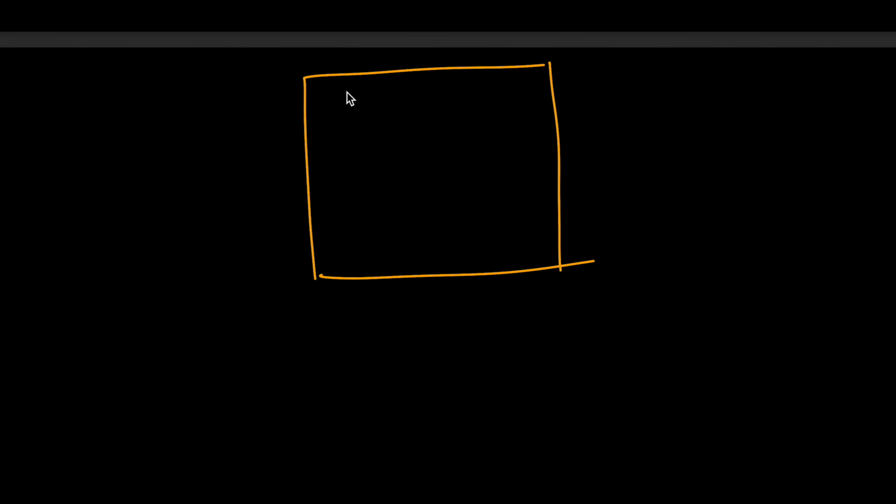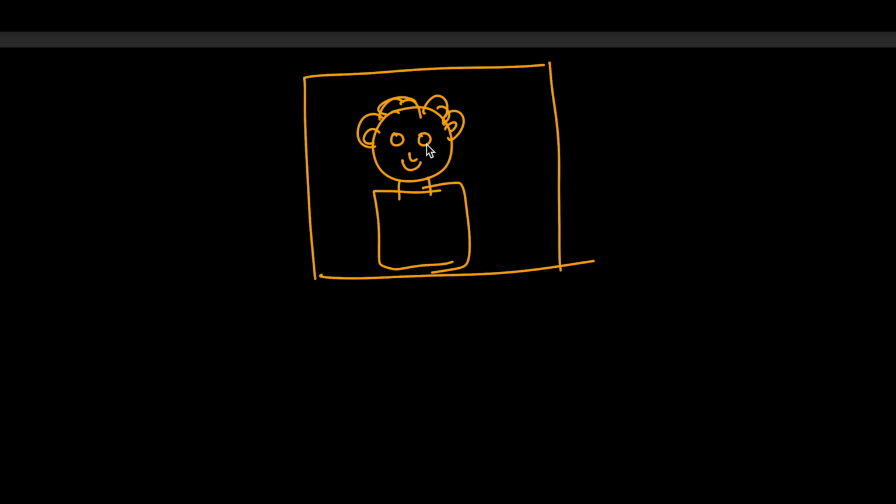Now let's see what an image looks like. Basically, if you think of an image, it is just an array of pixels or a matrix of pixels. Let's say in this image there is a small boy who is looking like this. If this image is representing this boy, that means that in these portions the pixel value is higher, so that it can represent the color, how he looks.